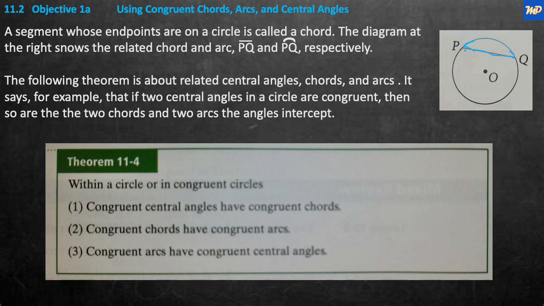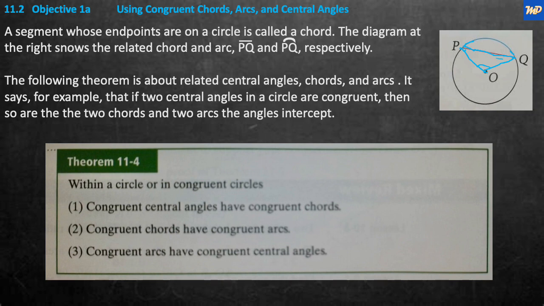And what is a central angle? A central angle goes from a point on the circle to the center, and then from Q the same way to the center. So this is the central angle right here. The endpoints end up on the circle, and from those two points you can stretch a chord, or the arc is outlined.